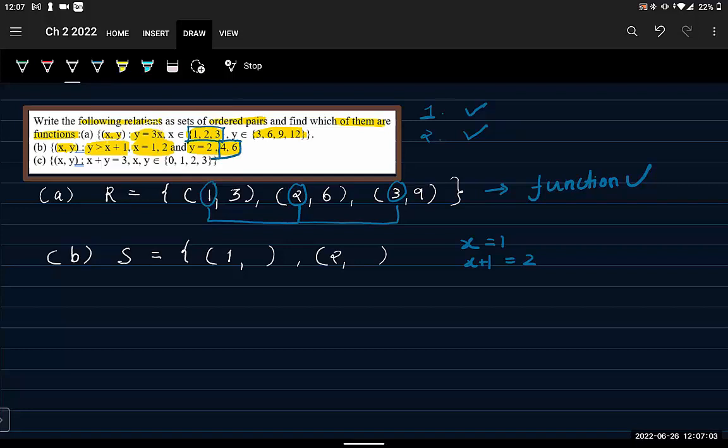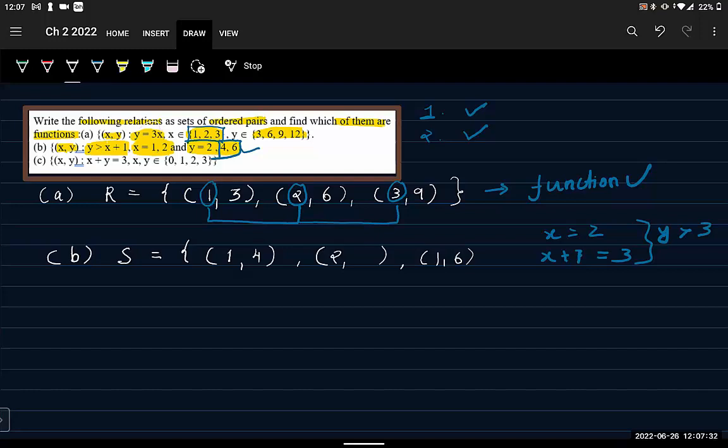So 1 can be paired with 4 and 1 can be paired with 6 because it satisfies our given condition. Now when x is equal to 2, x plus 1 will be equal to 3. Now I should find the value of y which is greater than 3. From the available values, again 4 and 6 satisfy our condition, they are greater than 3.